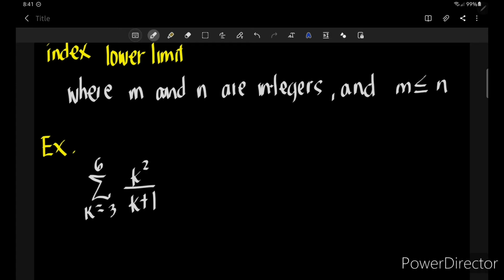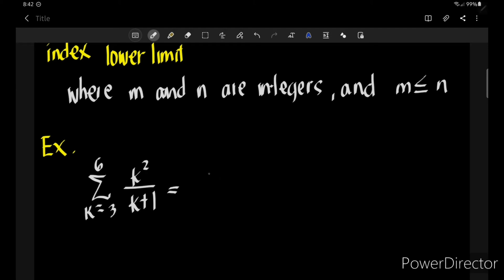Now, when we read this, we say summation of K squared over K plus 1, where K ranges from 3 to 6. So, how do we do this? We start at 3 and end at 6. Those are what we substitute for the variable K.